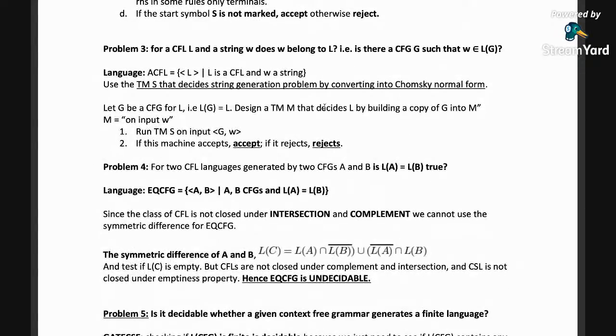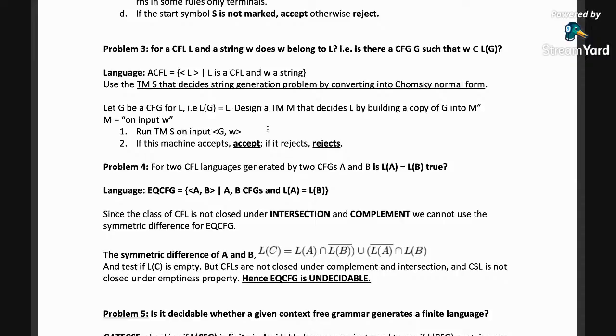For a context-free language L and a string W, does W belong to L? That is, there is a context-free grammar such that W belongs to L of G. If we have a context-free grammar, then we can just trace it.